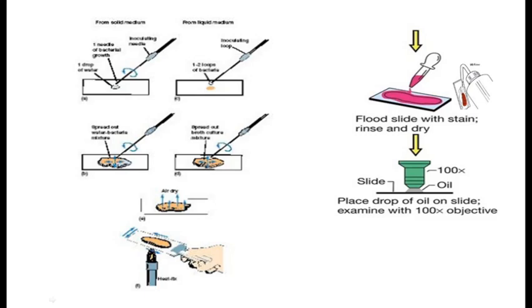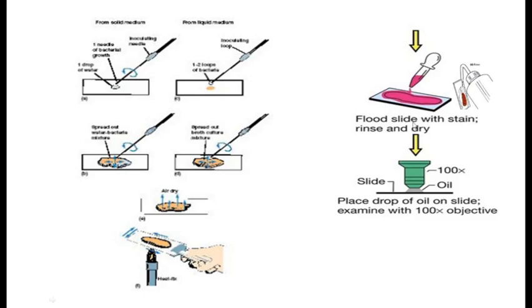After that, we have to drain the excess of the staining reagent and then wash out the excess reagent by keeping the slide in standing position under running tap water or from a bottle. That should be slow running water, and you have to continue until you find the drain is clear of any coloring reagent.